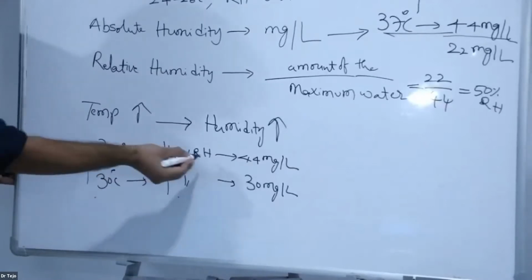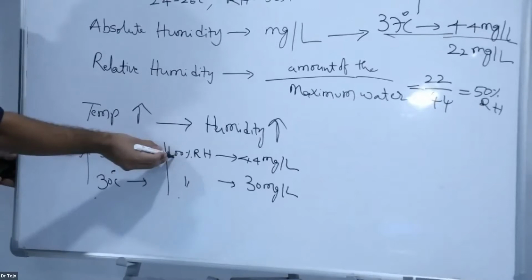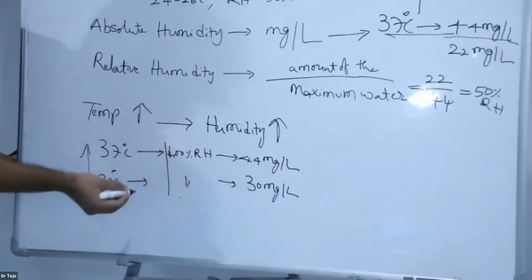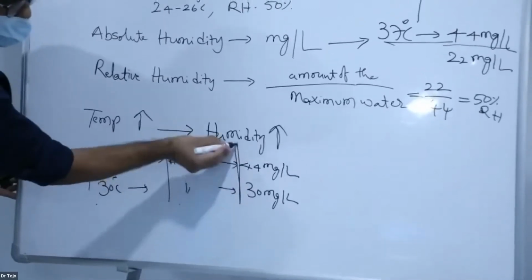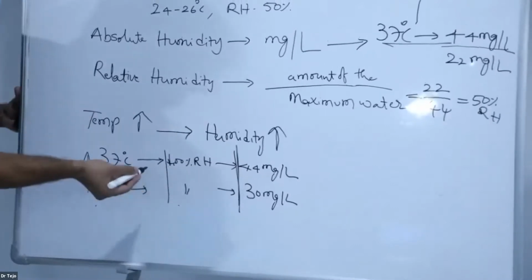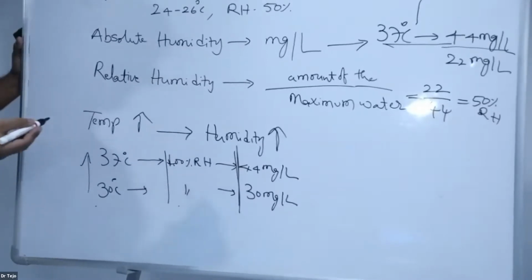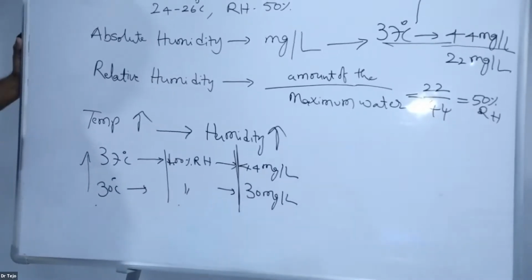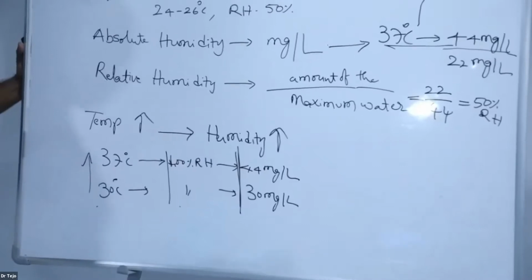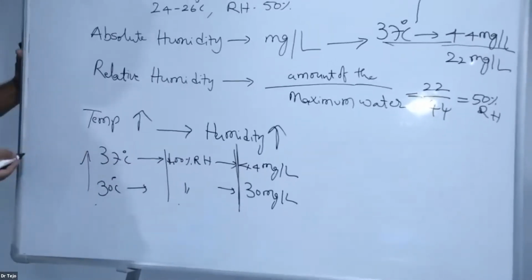And at 37 degrees centigrade, it can hold 44 mg per liter. So the relative humidity is 100% here also. But the absolute humidity changes with the temperature. And relative humidity also changes with the temperature when the temperature is the same but the water vapor content comes down, then the relative humidity comes down. So this is about relative humidity and absolute humidity.